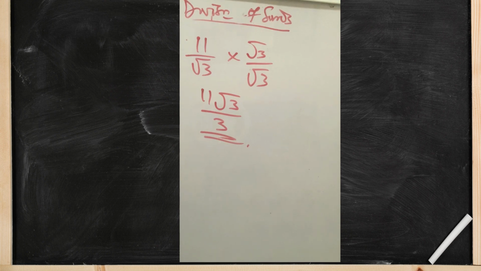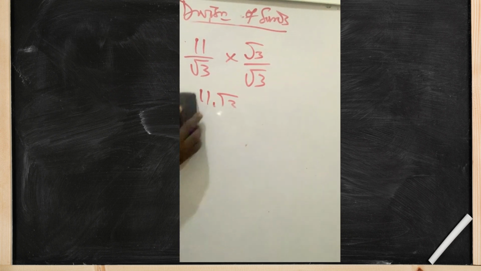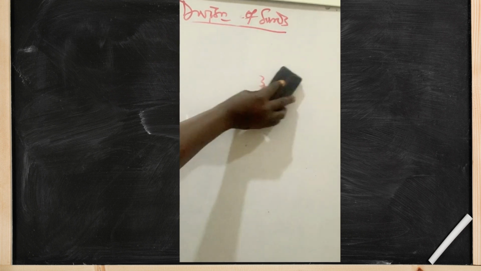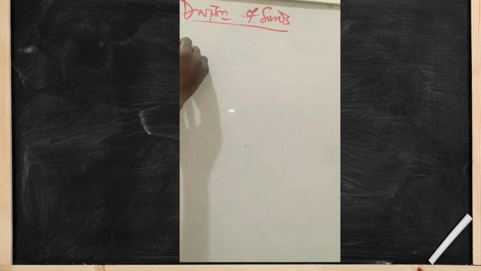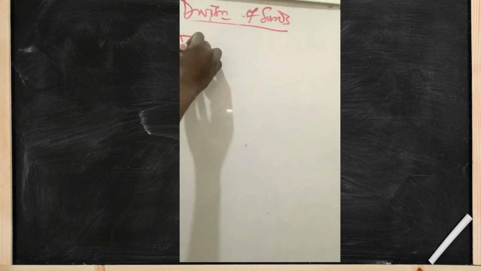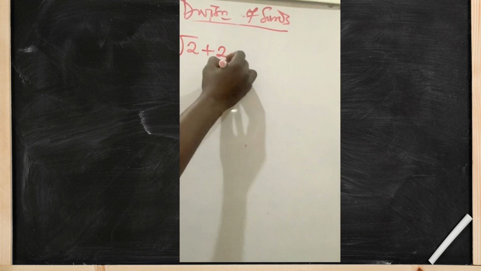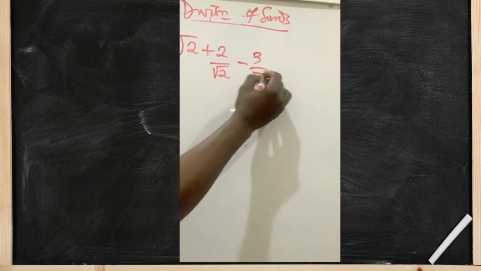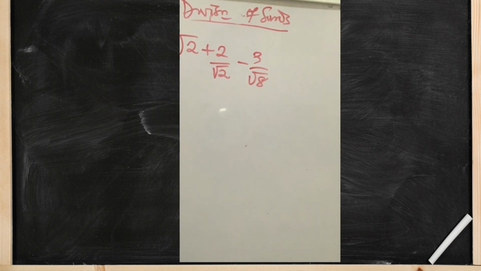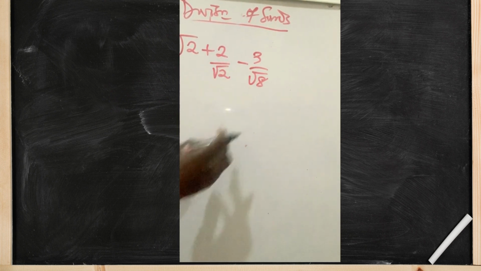Now, let me quickly pick up this interesting question that says: square root of 2 plus 2 over square root of 2 minus 3 over square root of 8. In order to solve this question, you can either decide to first look for the LCM, but it's going to be difficult doing that with this.